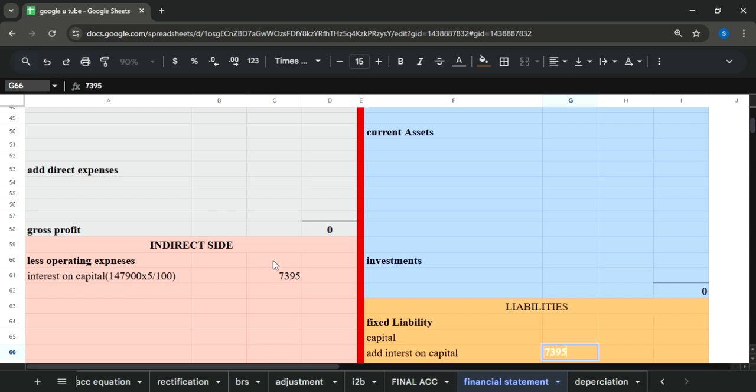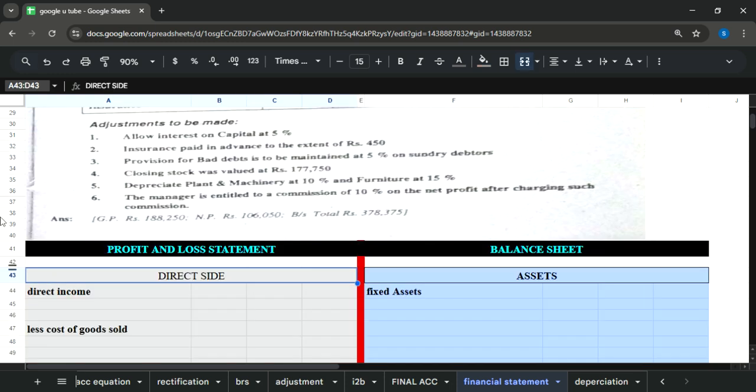This was interest on capital. So two effects are completed. One at operating expenses, second you have calculated and added to the capital on the liability side. Another understanding you may create, since it's an interest, it can be written under other expenses as well. Alright guys, the first adjustment has been completed.